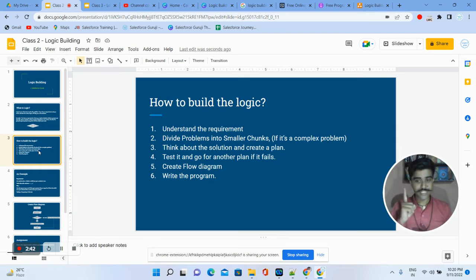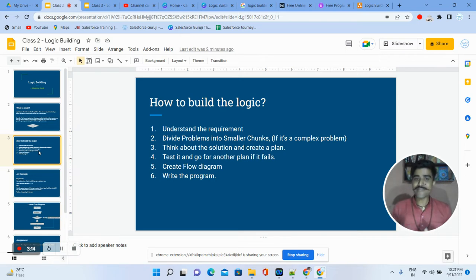First of all, we have to understand the requirement clearly. See, in most scenarios, you are not aware of the requirement very clearly, and you just start writing your flow, or start writing your code. But definitely at the end you will fail in that scenario, because the first thing that you need to do is understand the requirement very clearly.